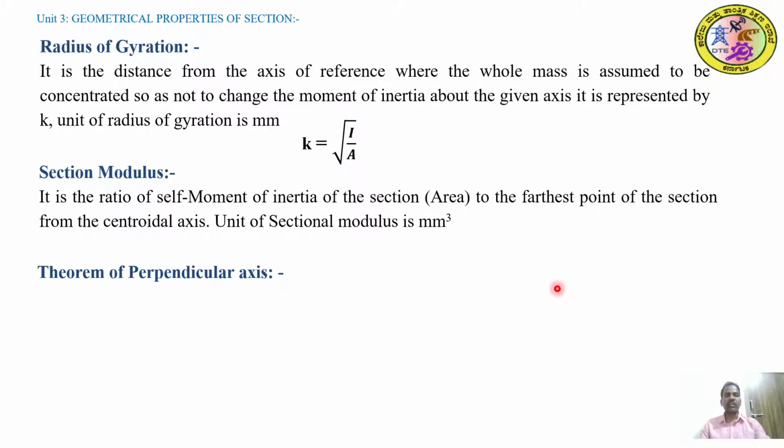Coming to the section modulus, it is the ratio of the moment of inertia of the section to the farthest point of the section from the centroidal axis. The unit for the section modulus is millimeter cube, and the formula is Ixx divided by y max.